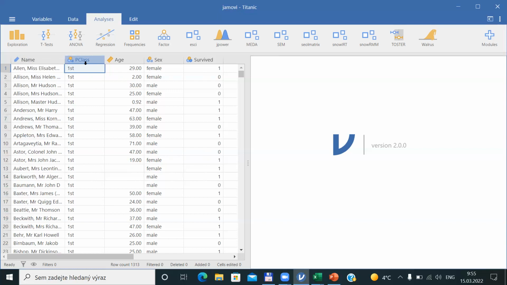And as we discussed previously, we expect that probabilities, odds, or logits were not the same for individual classes. It is expected, I guess, that those who are passengers of the first class have a bigger probability to survive in comparison with the rest, and also maybe the second class is slightly better than the third class, as the evacuation on Titanic was ranked according to these classes. So that's a classical nominal variable, at least here in this data set.